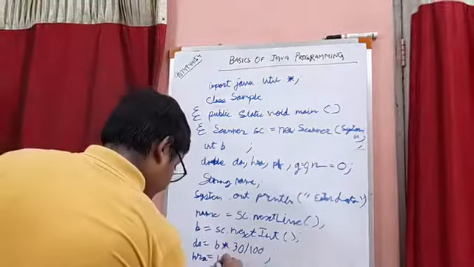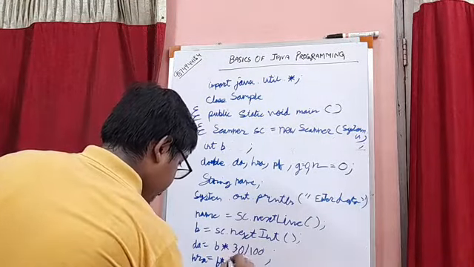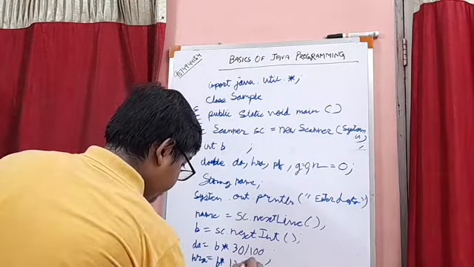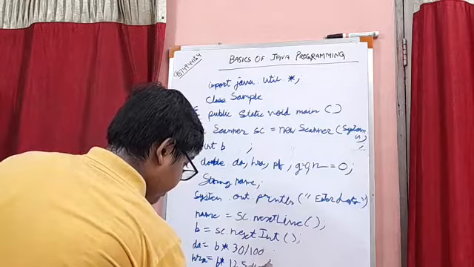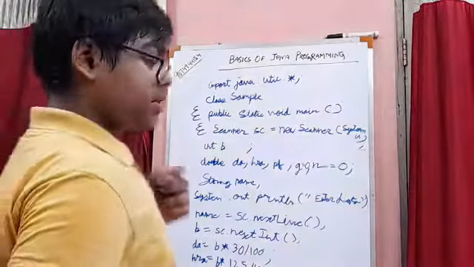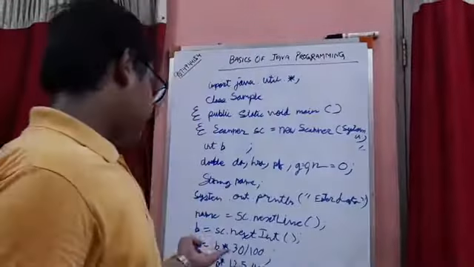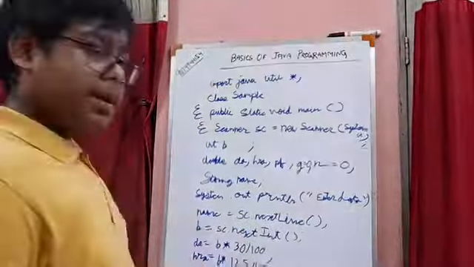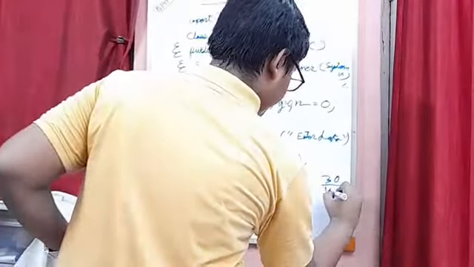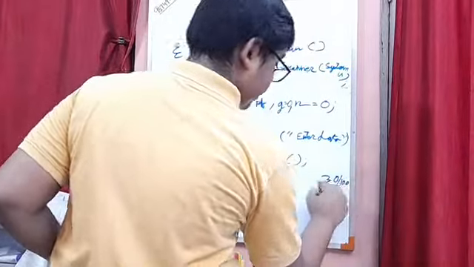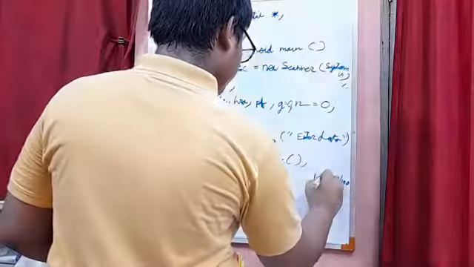Similarly, B into 12.5 by 100. You need to simplify it into as simple terms as possible and thus just represent it. Now 30 by 100 should be written in this way, not the other way.